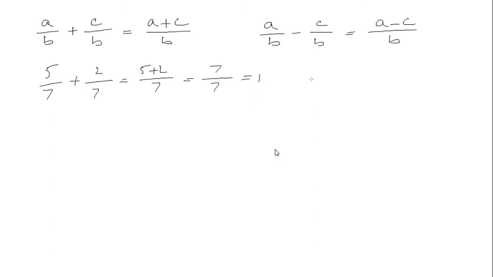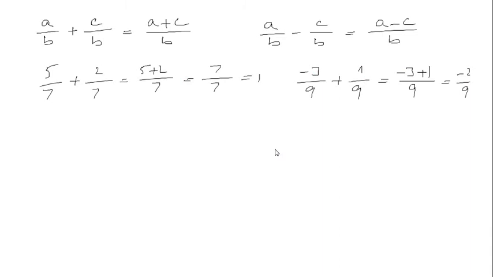Or if you have negative 3 over 9 plus 1 over 9, you add up the negative 3 and 1. This gives you negative 2 over 9.